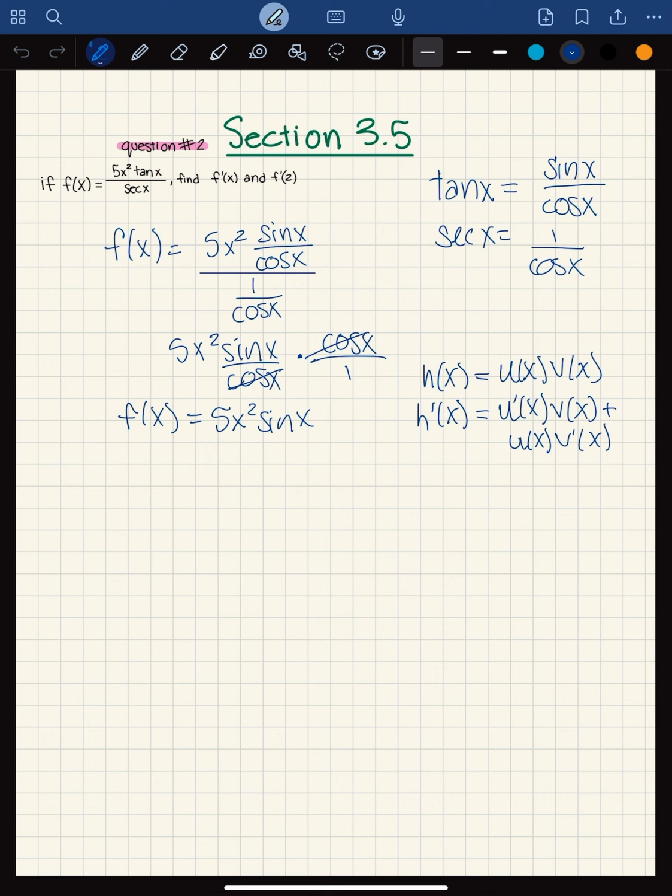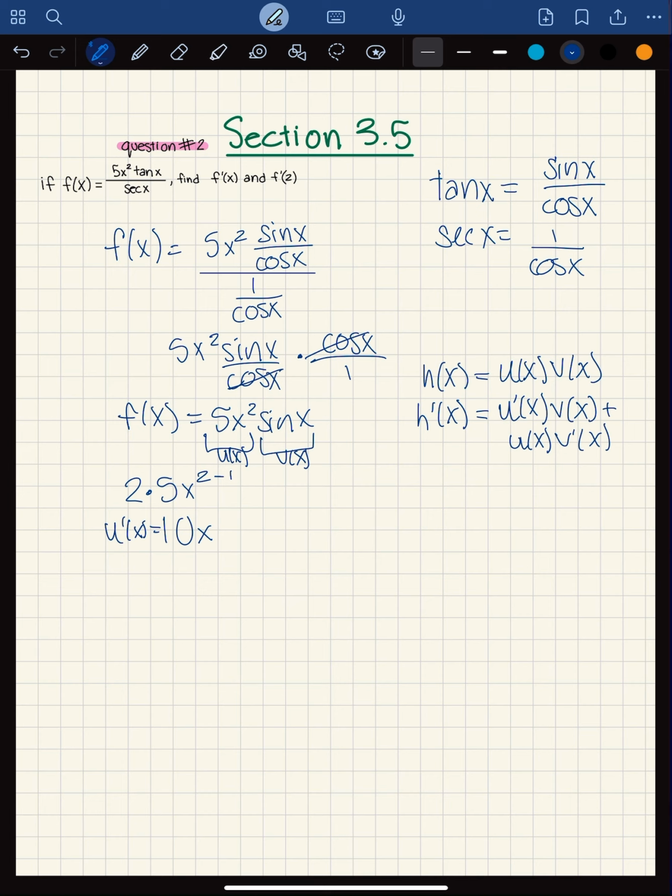So we need to look at each piece separately and do the derivative. So using the power rule for this one, we just multiply and then we would get 10x as the derivative. So this will be our u of x, and this can be our v of x, and then our u prime of x is 10x.